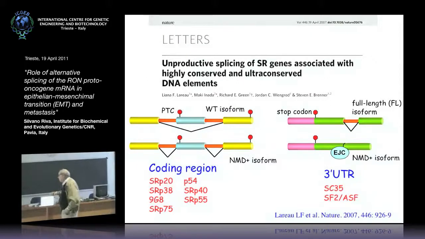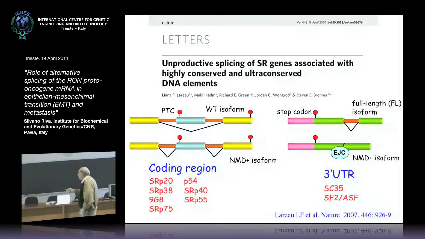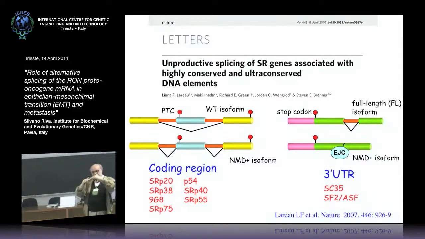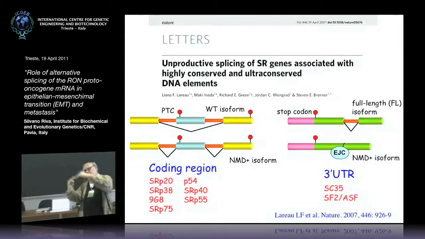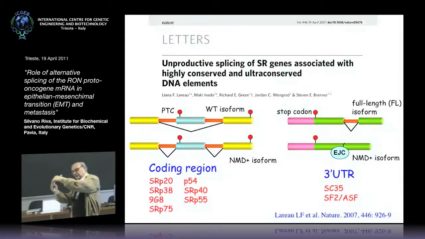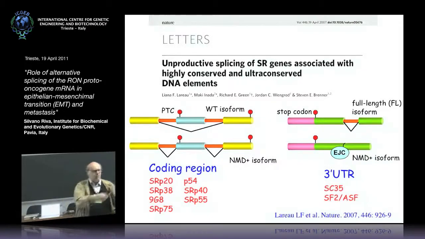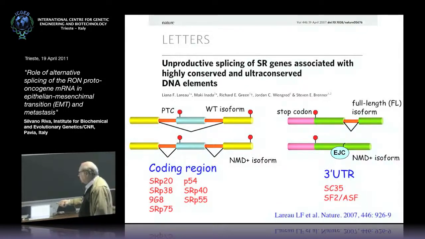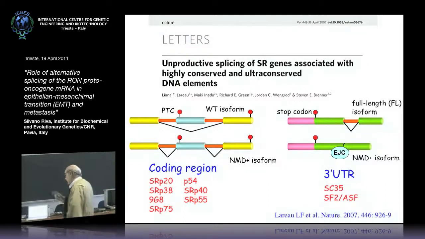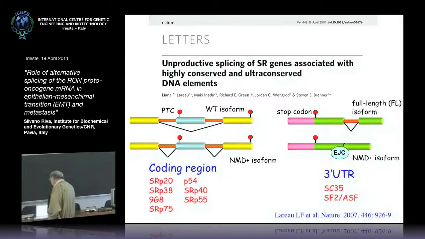Okay? And so we believe that the regulation of the level of SF2, and remember the level of SF2 is very finely tuned and regulates the splicing of RON, for example. We believe that the regulation of SF2 is not through the promoters that are switched on and off. It is regulated through the inclusion or exclusion of these tiny introns in the 3' non-coding region. And this is true.